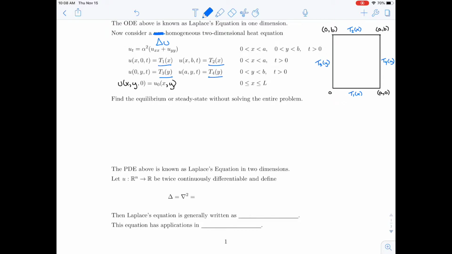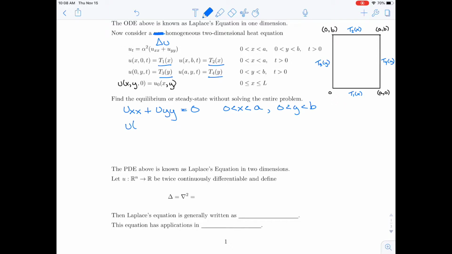We now want to find the equilibrium or steady state of this equation. So because the time derivative is 0 at the steady state, then uxx plus uyy will have to equal 0 on that interval where x is between 0 and a and y is between 0 and b.